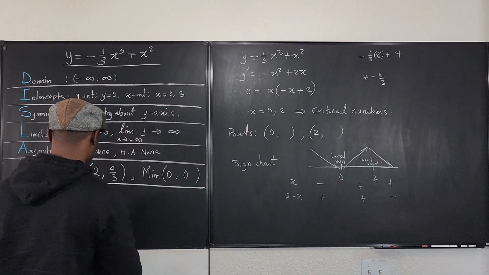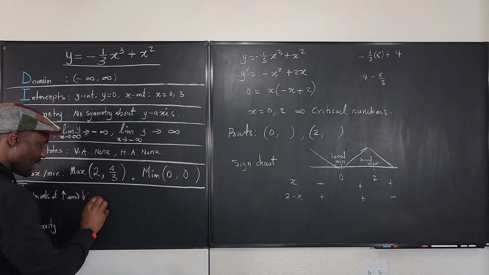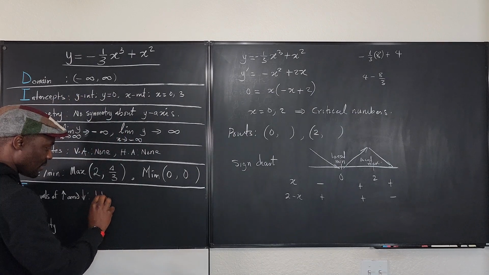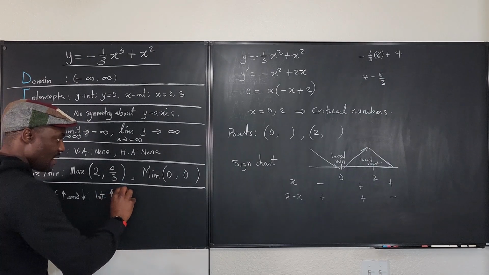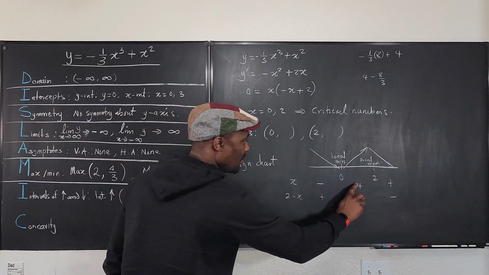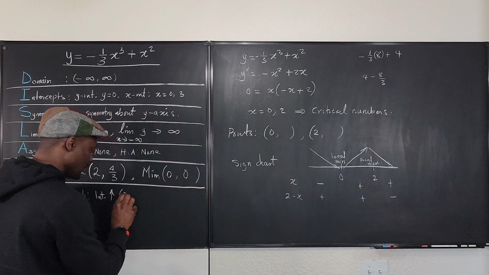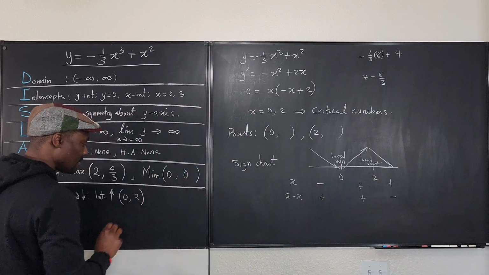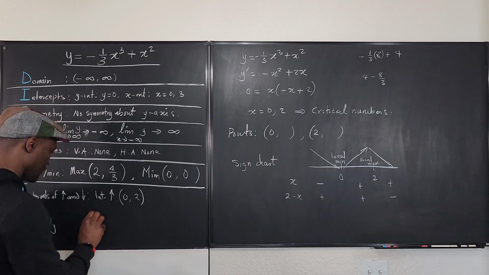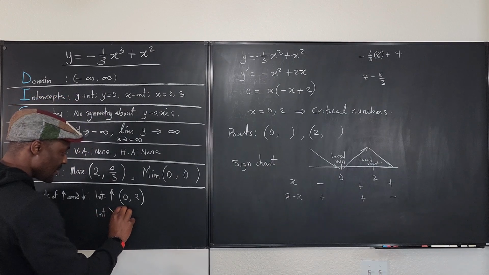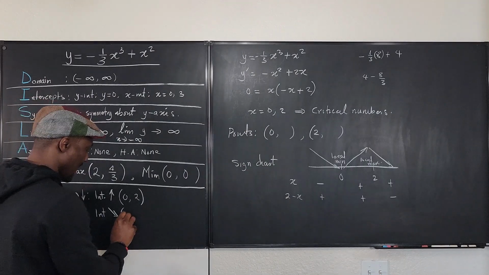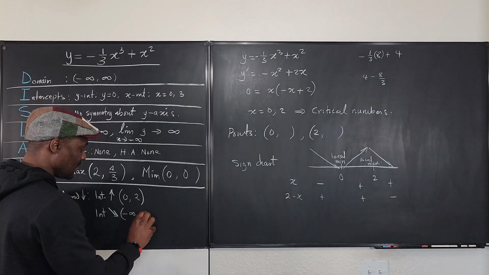So we just go here and we say that the interval of increase, this is the short form of it, will be from 0 to 2. The interval of decrease will be from negative infinity to just before 0.